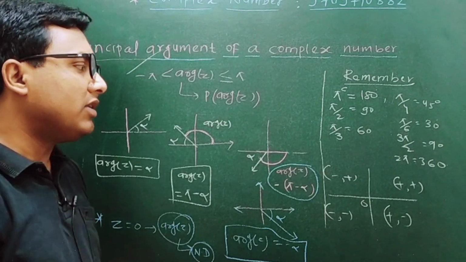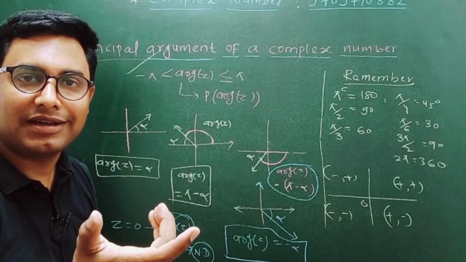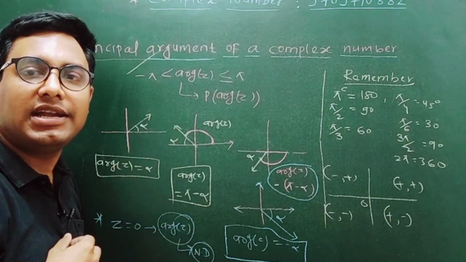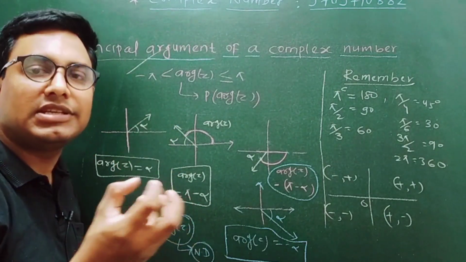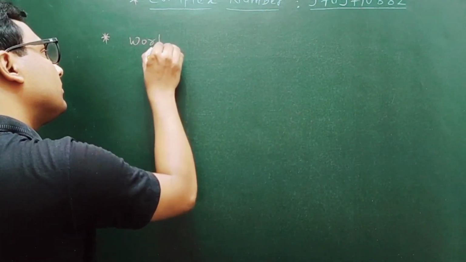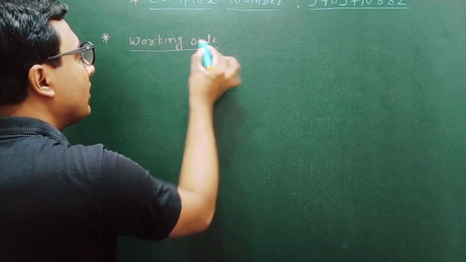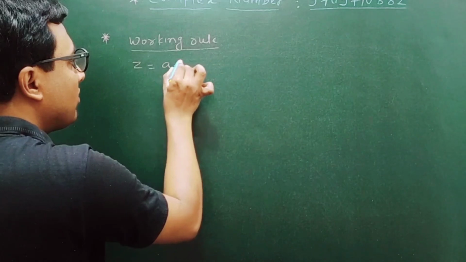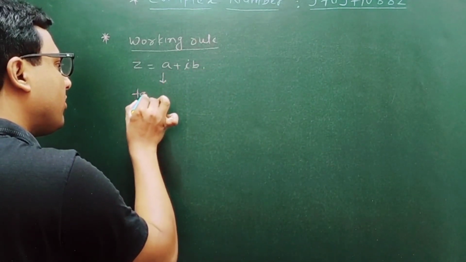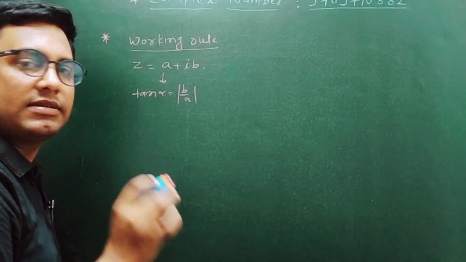Take an example to understand this topic, but first, how to find the value of alpha. When we get the value of alpha, we can find the value of the argument. See here, z is equal to a plus iota b. Find tan alpha equal to b by a, right?